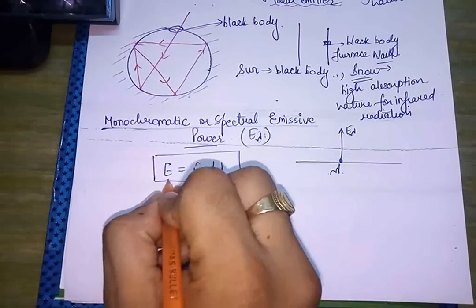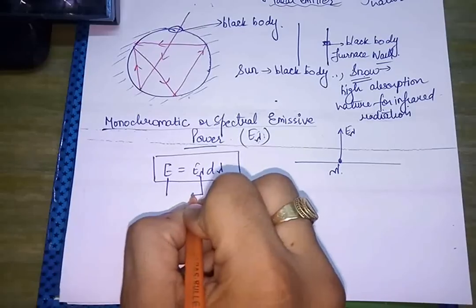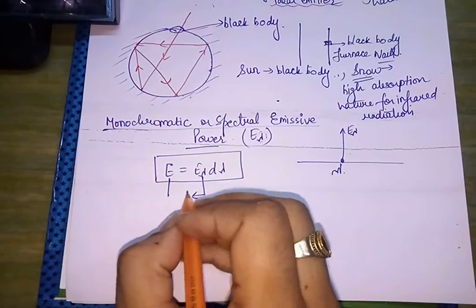Now what will be the unit of this monochromatic spectral emissive power?